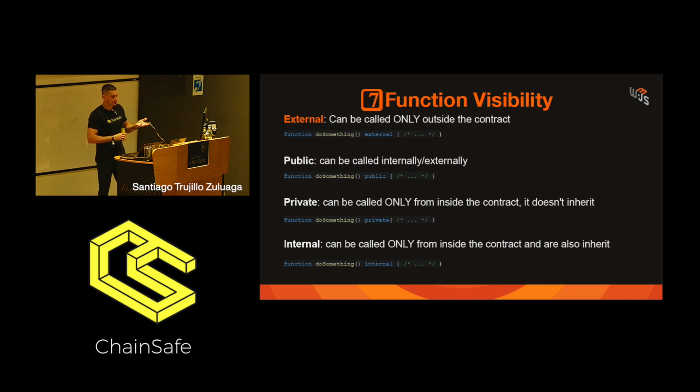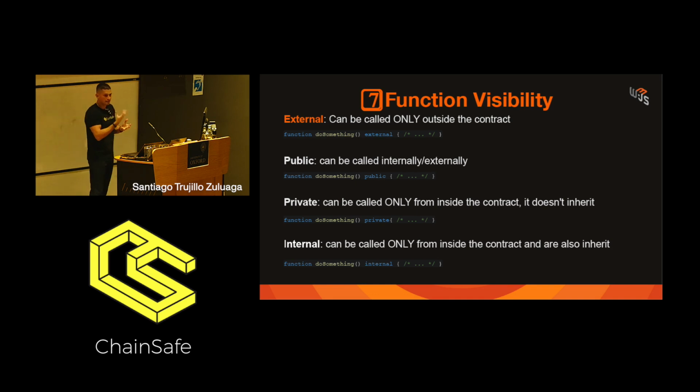And then we have something else that is called function visibility in all the functions. The main one that we are going to explore today is external. External functions are functions that you can call from outside of the smart contract. So any wallet, any account, or any smart contract can call these functions within the smart contract.